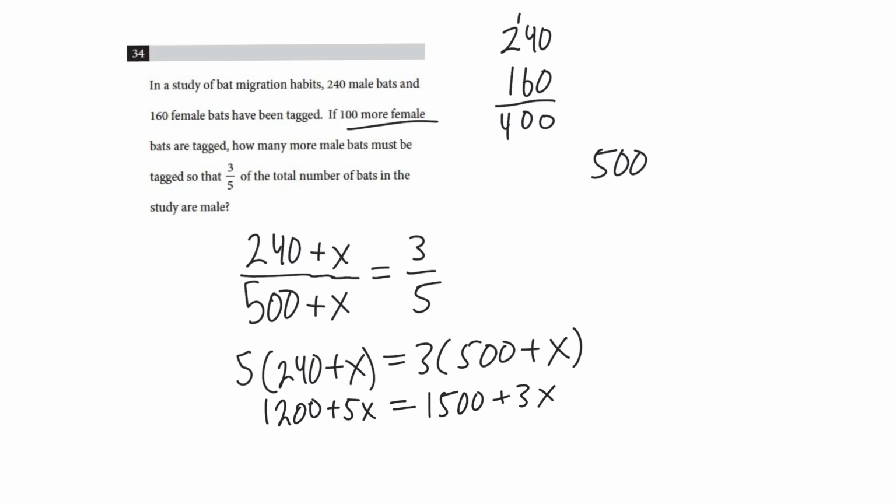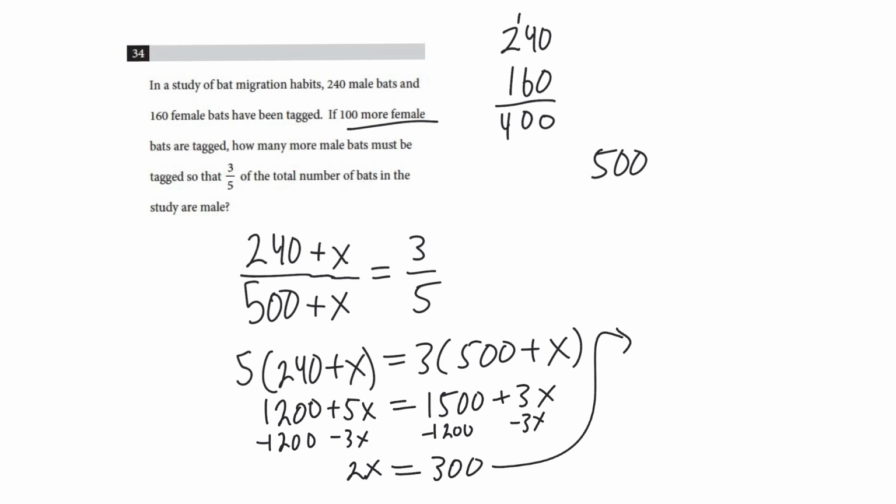Okay, I'm going to subtract 3x from both sides, and I'm going to subtract 1,200 from both sides. I'm going to end up with 2x equals 300. Okay, well, I just have to divide both sides by 2, and I'll see that the number of male bats that we have to tag in addition to what is already tagged is 150.